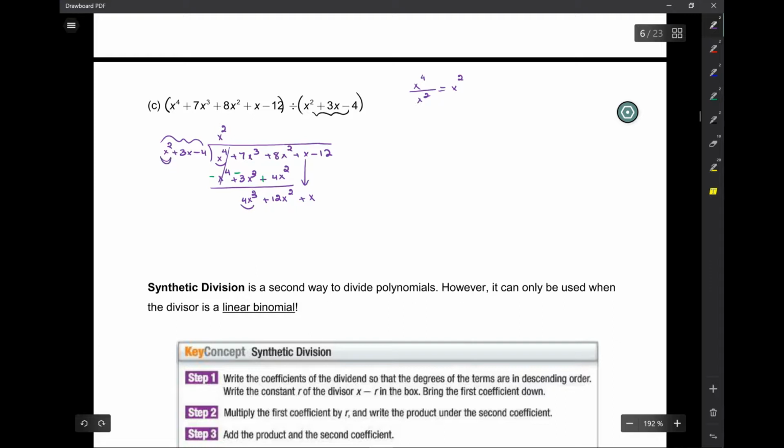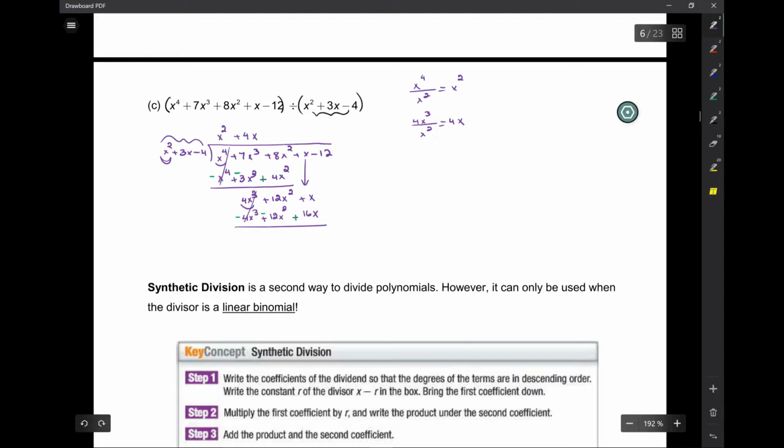First over the first. 4x cubed over x squared is 4x. So plus 4x. Multiply by the divisor. 4x cubed plus 12x squared minus 16x. Change the signs. Minus minus plus, and add.